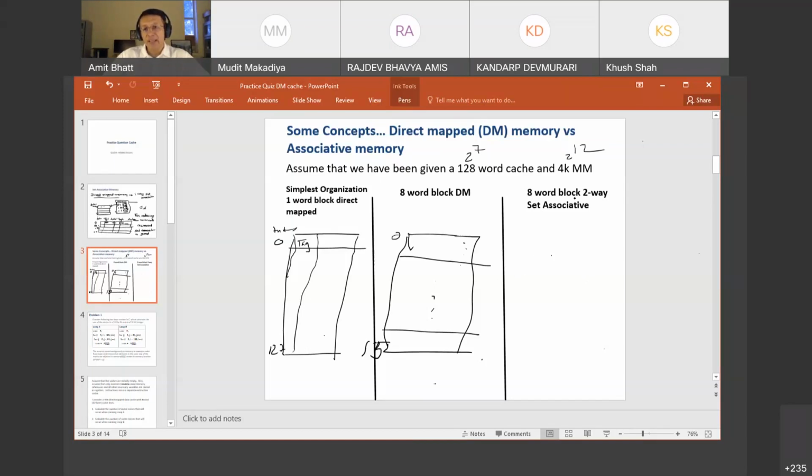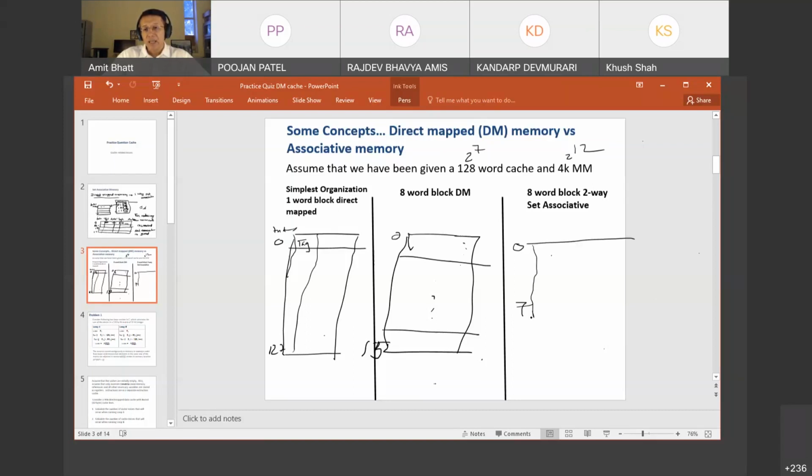I'm not changing this data. So can someone tell me the structure? What would be the index size? Or how many cache lines would I have? 8. Yes, correct.